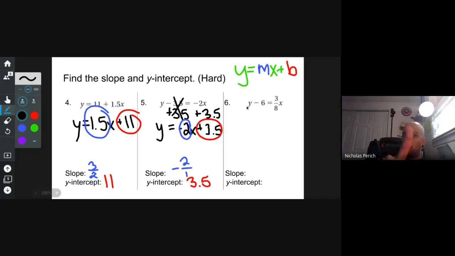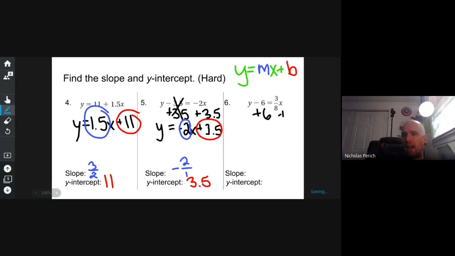Is y all by itself for 6? No. How do I get y all by itself? Well, I do the opposite of minus 6 because minus 6 is what's in the way, and I add 6 to both sides. That leaves me with y equals 3 over 8x plus 6. Now, why didn't I combine them?